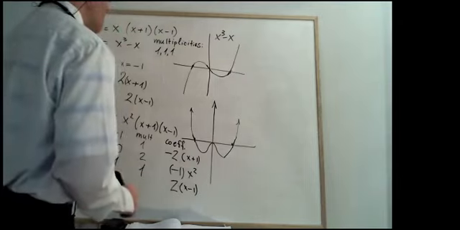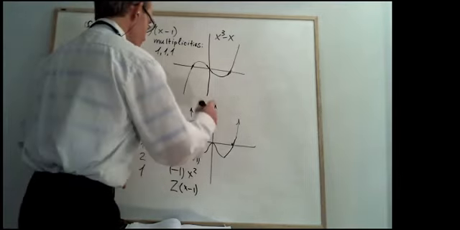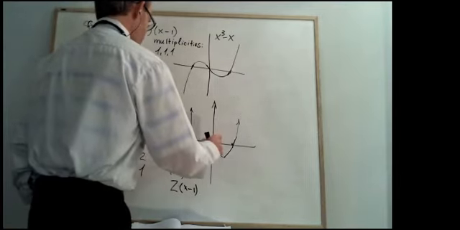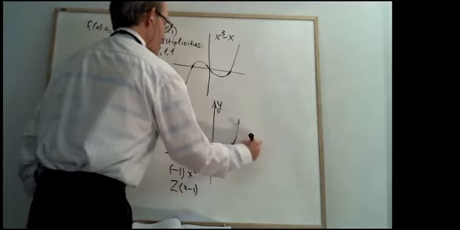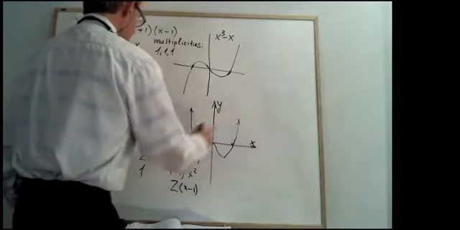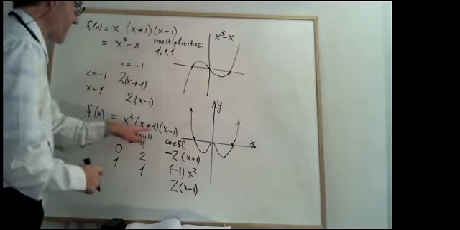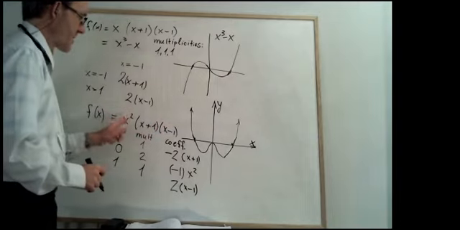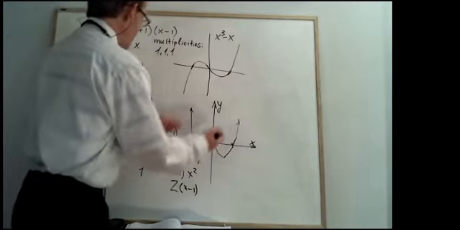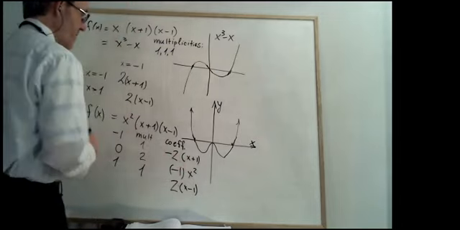All right, so now it goes off to infinity, right? As x goes to infinity, if you multiply this out, this is x to the 4th, and the coefficient is 1.